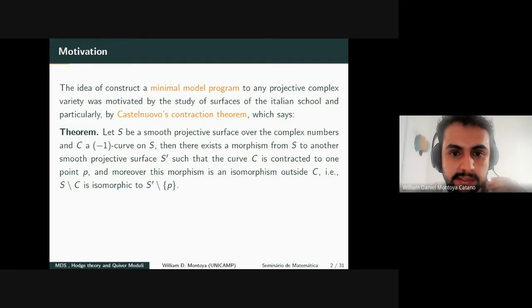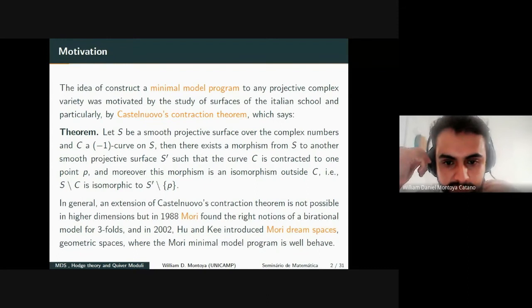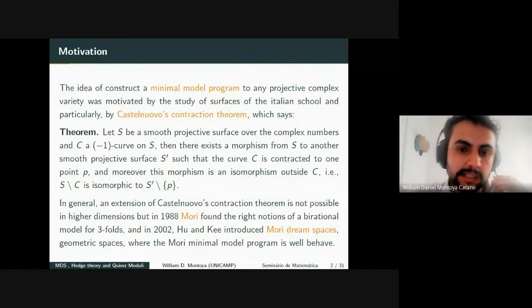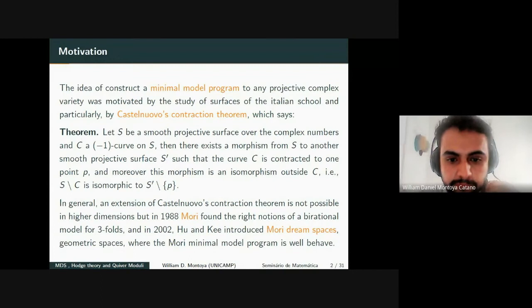And this is the main motivation of the minimal model program, because many algebraic geometers tried to do this in higher dimensions, but it is very difficult to find the right notions, the right concepts, to apply the same or at least similar techniques in 3-folds and 4-folds.